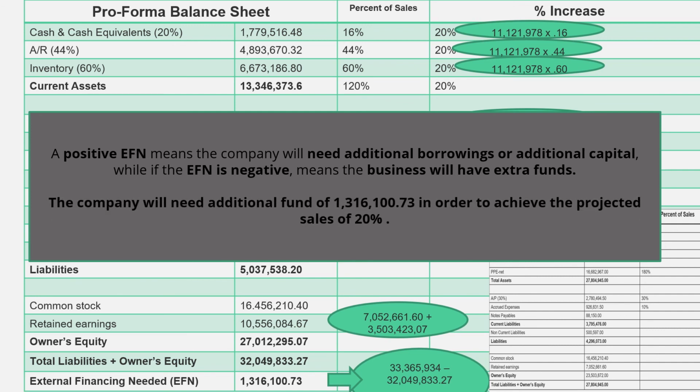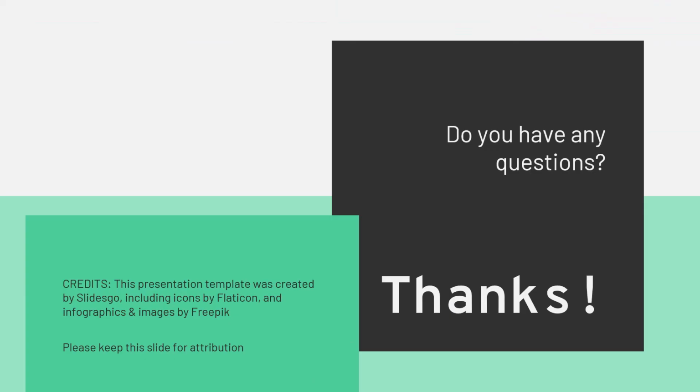So the explanation will be that the company will need an additional fund of 1,316,100.73 centavos in order to achieve the projected sales growth of 20%.